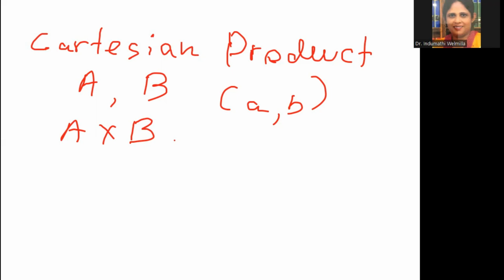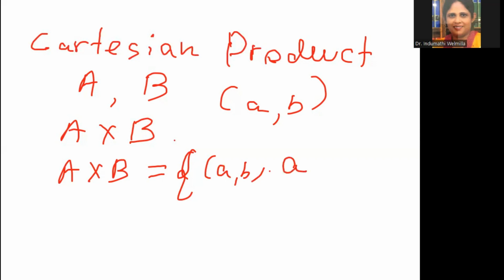So we can represent it as A multiplied by B equal, open the bracket, (A, B), where A is an object of set A and B is also an object of capital B set, right?